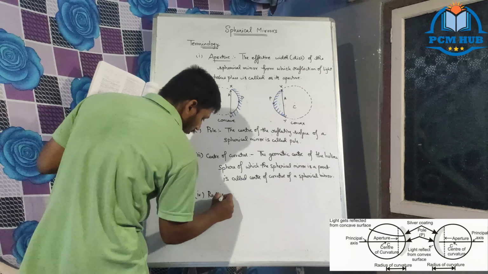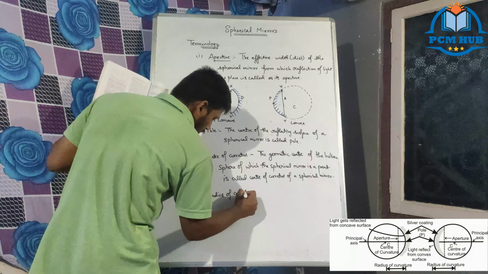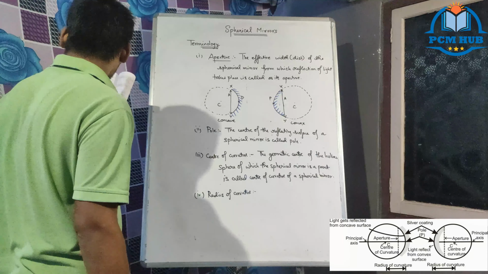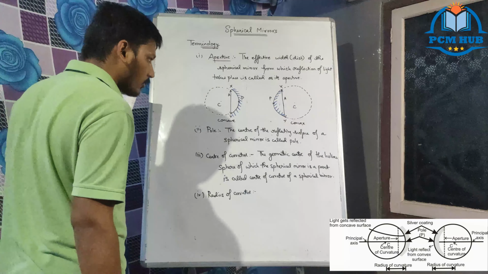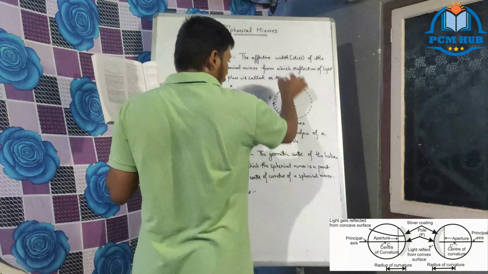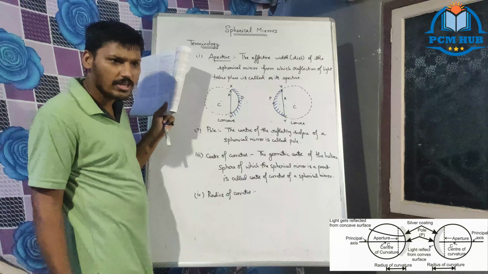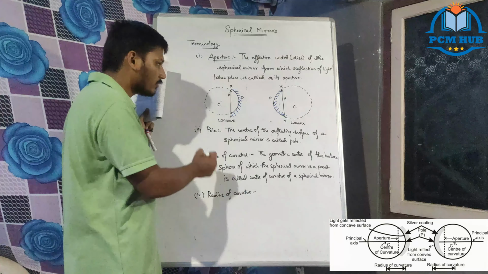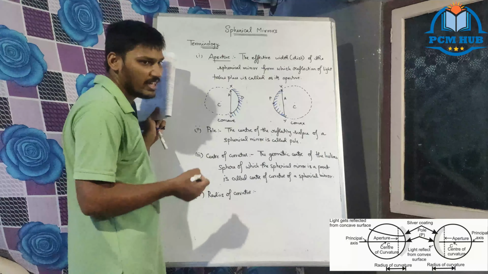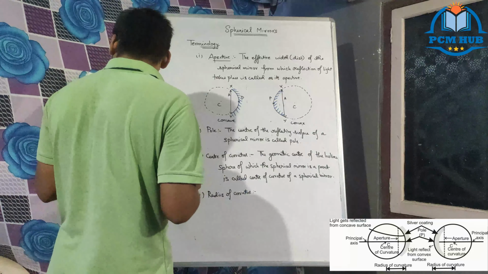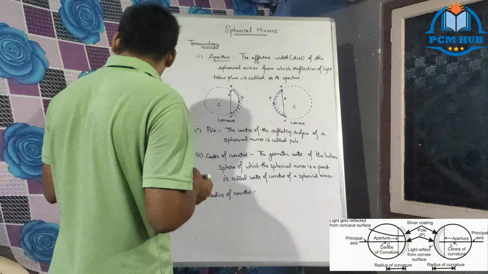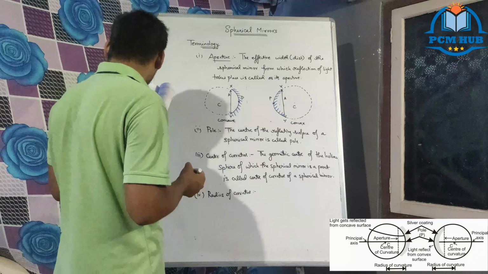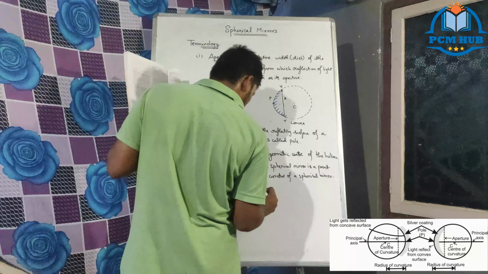Radius of curvature. What is the radius of curvature? Maybe a line joining center of curvature and pole. Very good. This is a radius. That means a hollow sphere is also a circle, so in that circle, all the radii will be uniform. That radius is the radius of the curvature. Correct. Same thing.